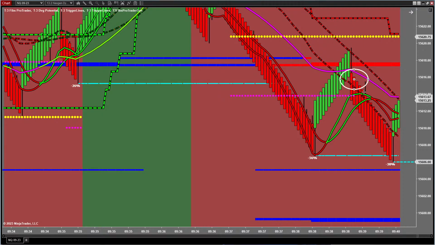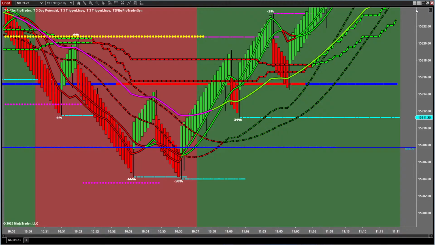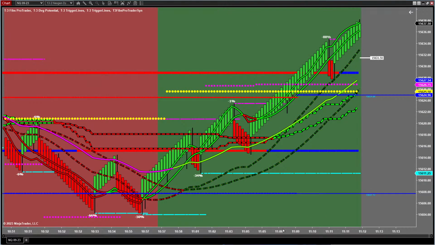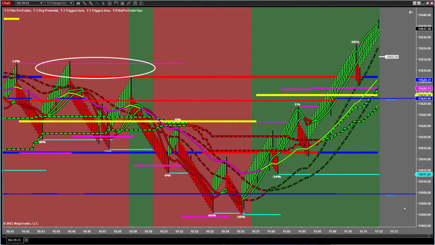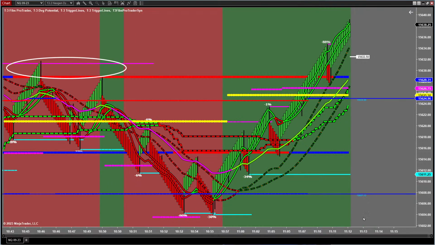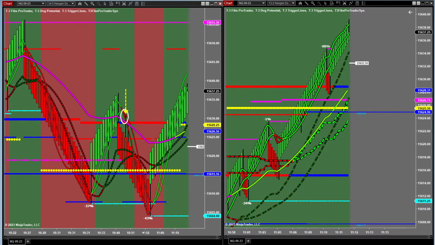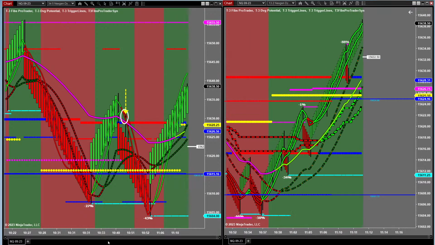Instead of getting in on the way up, get in on the way down after a down bar. You chose to get in on the way into the area, which is totally fine, but I think you read too much into it. The only thing you don't really want to do in the NASDAQ is trade into termination areas.